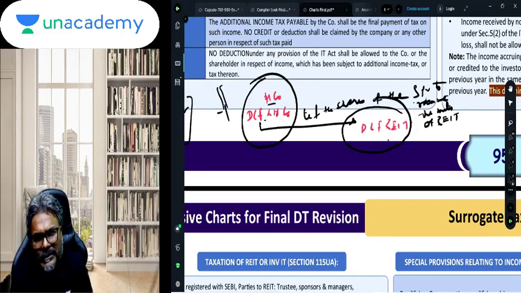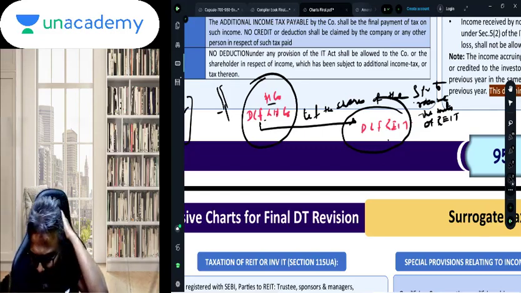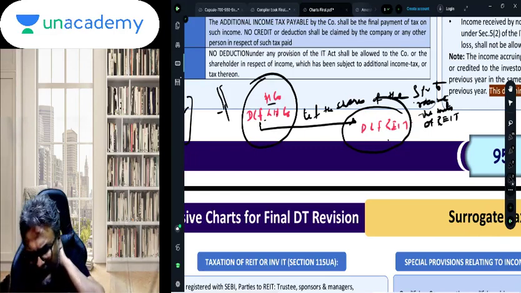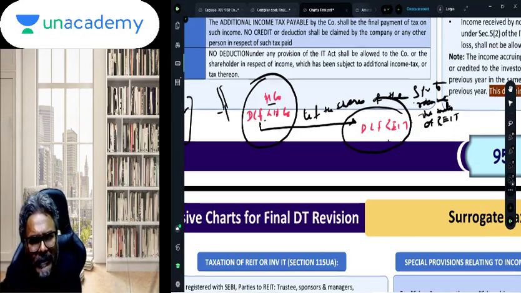So, students, when DLF Limited wants to transfer the unit of DLF REIT, it needs to be very careful to know whether it would be long term or not.